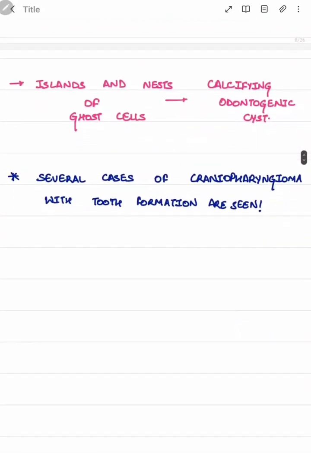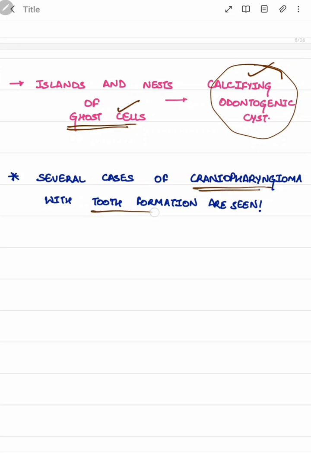It is also compared with calcifying odontogenic cyst because of the presence of ghost cells in the calcified mass only. Several cases of craniopharyngioma with tooth formation are seen. So that's why it is compared with the ameloblastoma of the jaw, right? So I hope it's clear.